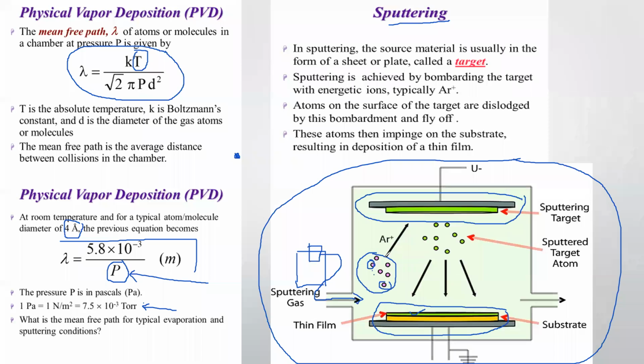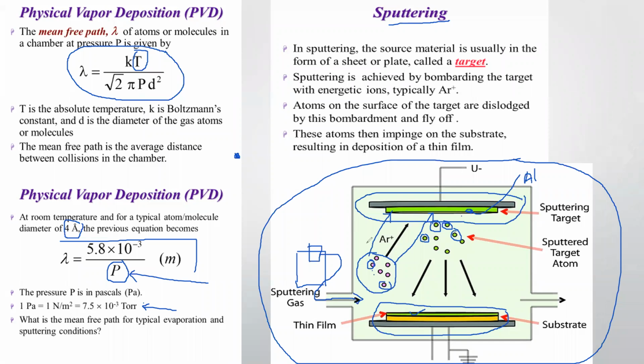Suppose there is an aluminum plate: when the argon ions bombard the sputtering target, the aluminum atoms are dislodged and separated, and after a few moments that aluminum particle strikes and deposits onto the substrate. These atoms then impinge on the substrate, resulting in deposition of the thin film.